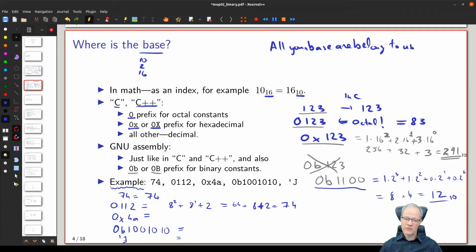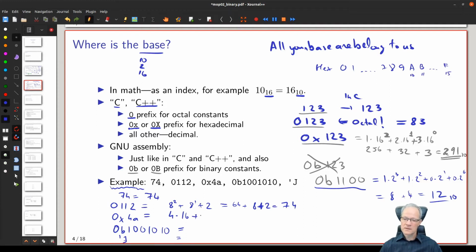All right. Now for this, 4a is going to be 4 times 16 plus a, and a has the value of, so remember, for the hexadecimal, we had 0, 1, up to 9, A for 10, B for 11, and so on till F for 15.